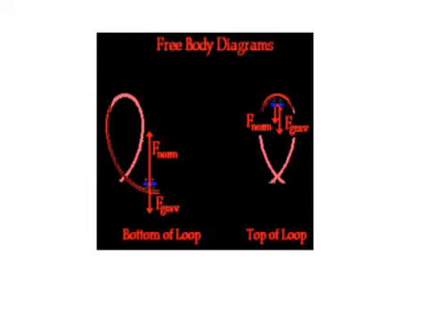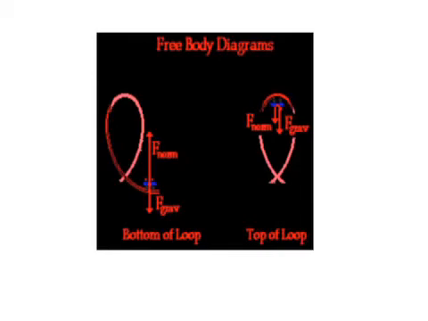On the other hand, on the right side at the top of the loop, the center, or the inside of the loop, is where our forces have to be directed. So normal and gravity have to both be directed downward. On the left, at the bottom of the loop, the normal is directed upward. So on the left, you can see visually that the normal is greater than gravity in order to have an inward or centripetal force.